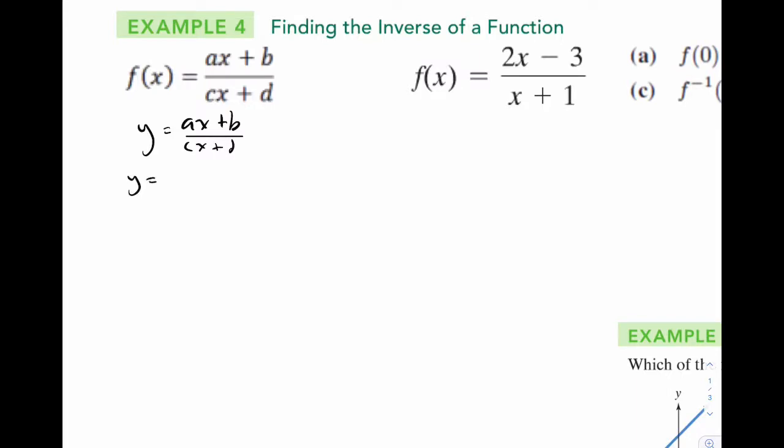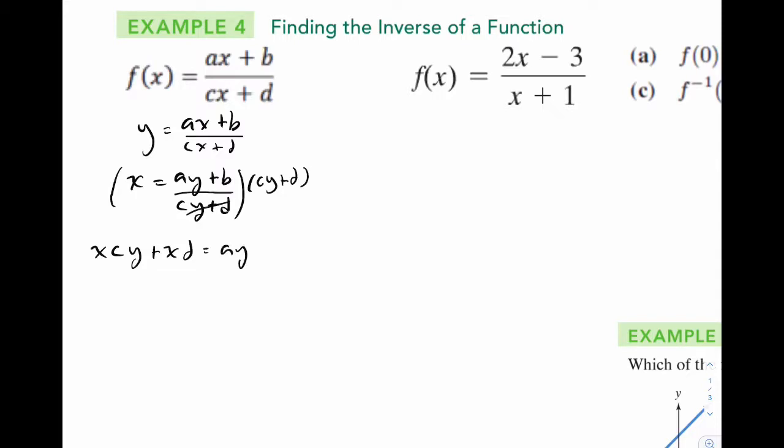So x is equal to ay plus b over cy plus d. Multiply both sides by cy plus d. So now we have x cy plus xd. That bottom cancels out. That equals ay plus b.